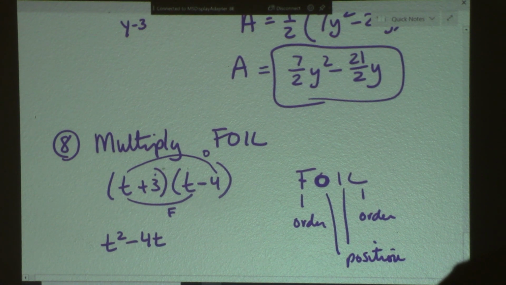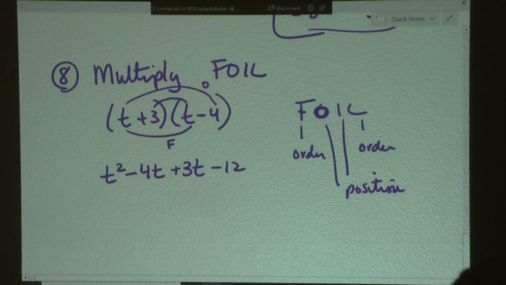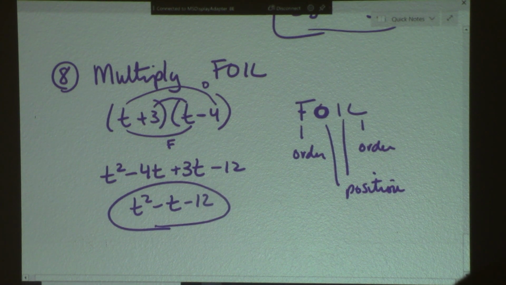And then inside here, that's position. I've got 2 on the outside and 2 on the inside. So I'm going to have 3 times t is 3t. And then 3 times 4, negative 4, is negative 12. So I add like terms here, and I get t squared minus t minus 12. And that's my answer.